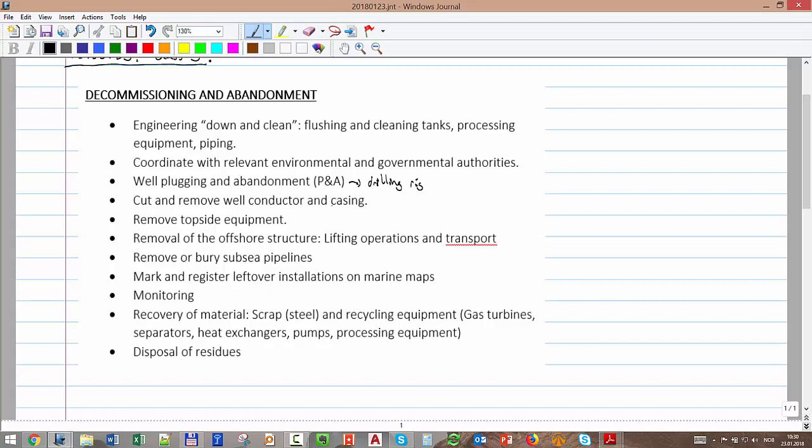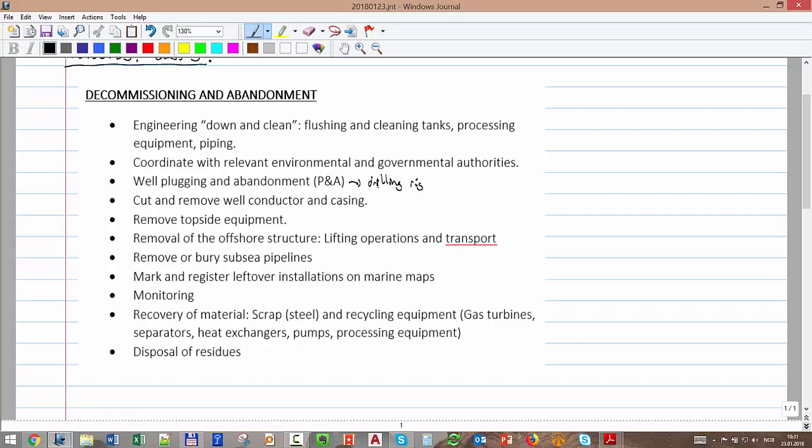So the well conductor and the surface casing have to be cut and removed down to, I forgot the number now, but I think it's at least 3 meters, 15 feet below the sea level, not the sea level, the mud line, the sea bottom. Is it 3 meters? Any of you remember? Yes, I think it's 3 meters.